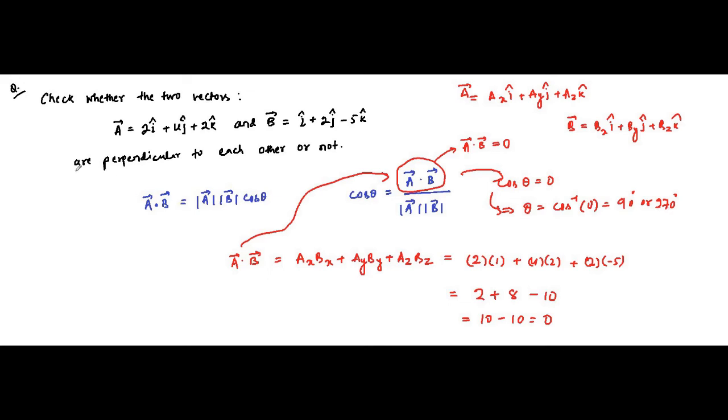So these two vectors, A vector is perpendicular with B vector. So we have proved it. Here we simply use the concept of dot product, particularly this cos theta part, to check whether the two vectors are perpendicular to each other or not.